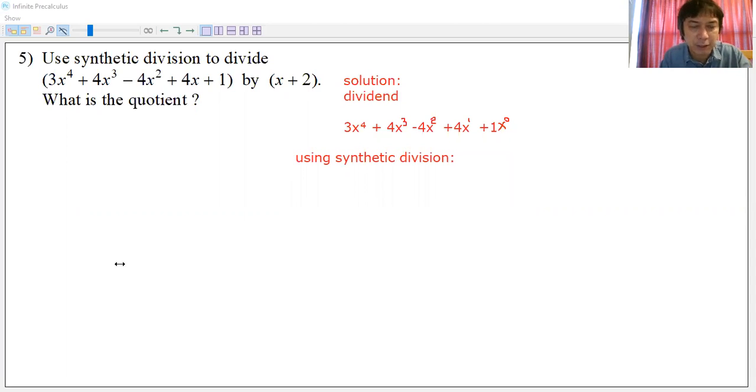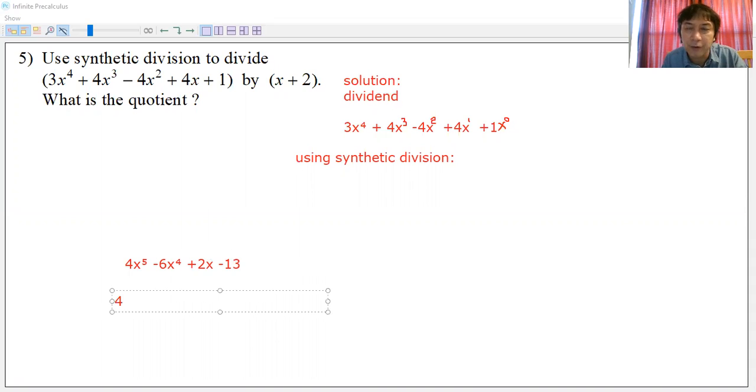Say the given is 4x to the 5, minus 6x to the 4, and then it jumped to plus 2x minus 13. Let's say this is your dividend. You can see 5, 4, there is no 3, there is no 2. This is first degree. When you do your synthetic division, you will have to enumerate this way.